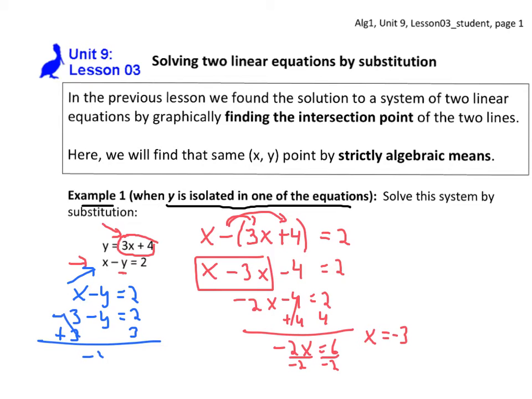So I get negative y is equal to 5, which means y is equal to negative 5. So my solution would be an ordered pair. X is negative 3 and y is negative 5. And you've done something like this before in the fall when you were doing perimeter problems. So this is called substitution. All right, let's do two more examples.